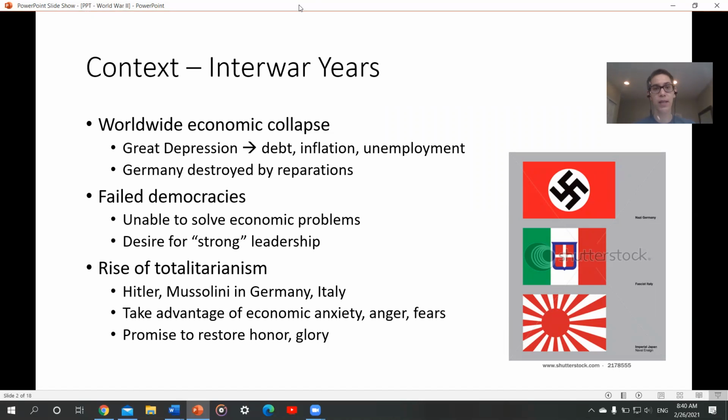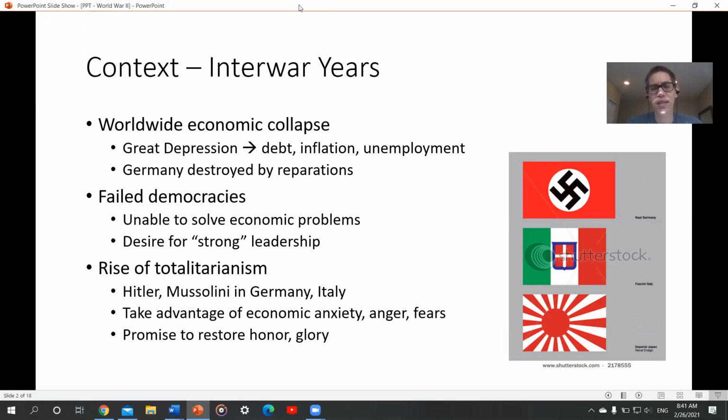One of the biggest things it did is it punished Germany. It required Germany to take full responsibility for the war, to disarm, with a maximum of 100,000 soldiers, and to give up all of their overseas colonies and quite a bit of their land as well.